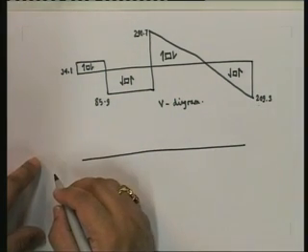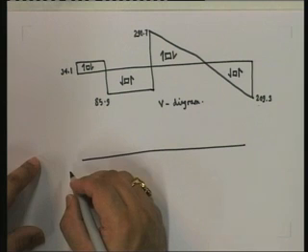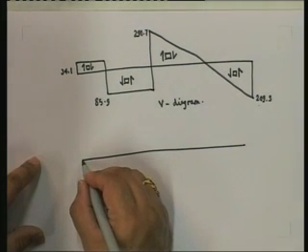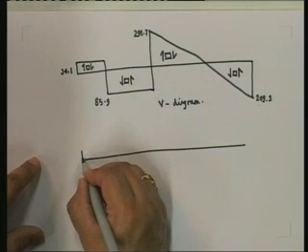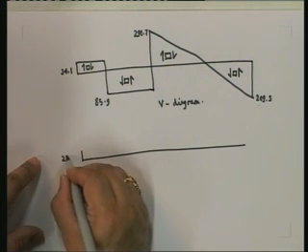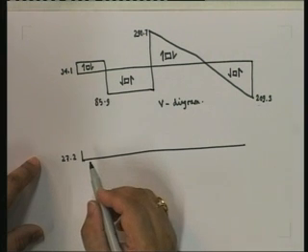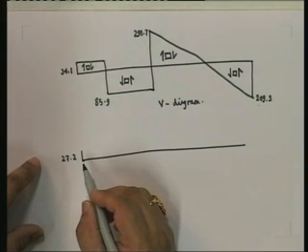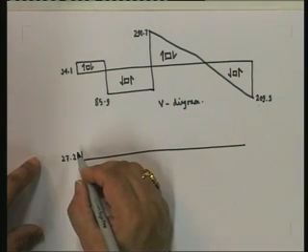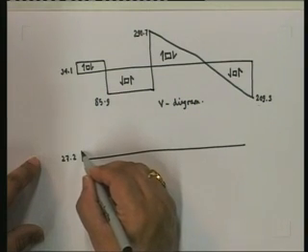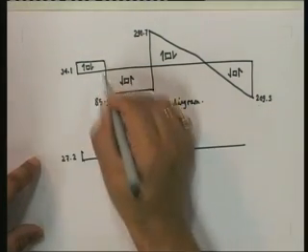The bending moment diagram is going to be, look at it, this is going to be 27.2. Okay, then it's going to go down because this is constant.